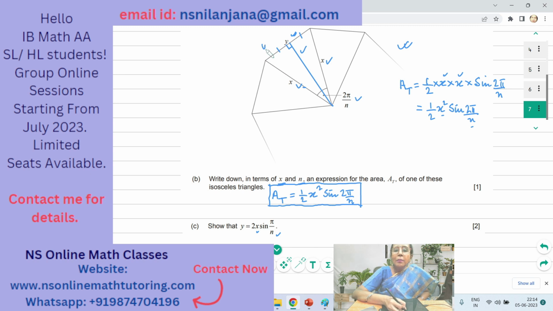So this one will be y by 2 and this one will also be y by 2. So now let us find the expression of y by 2. If we can get the expression for y by 2, we can multiply that by 2 to get the expression for y.